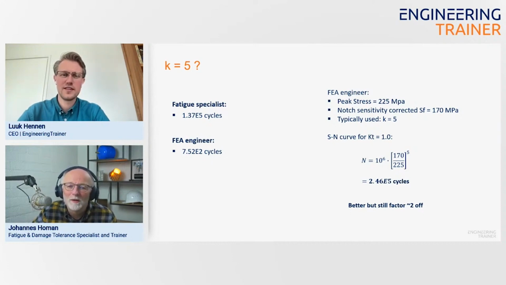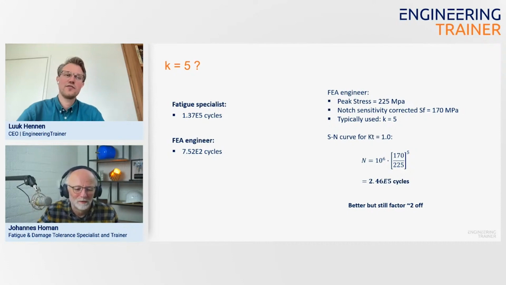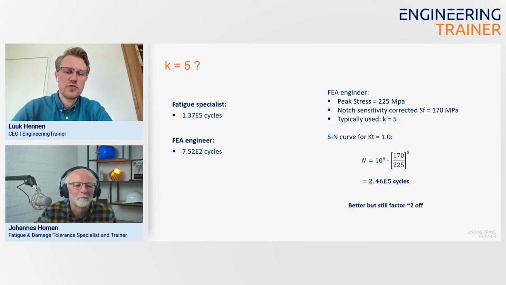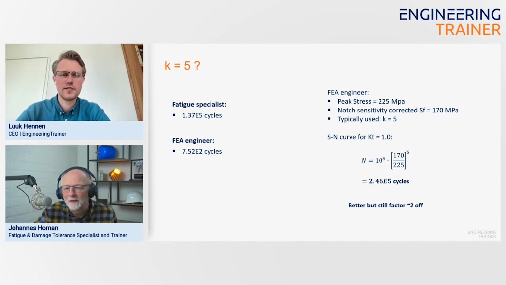A big improvement, but still a factor 2 from the actual result. The result as it should be. If I may ask, where does k is equal to 5 come from? That's a rough estimate done by those people making the equations, making the codes, making the handbooks.